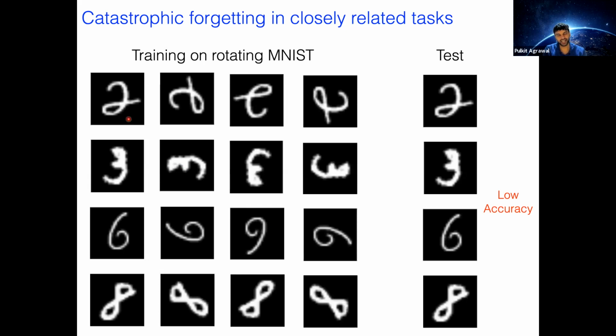So if my data is coming in this particular way, where I first get all digits at some particular rotation, then the rotations of these digits change by 90 degrees and so on, then learning becomes quite hard. Think about it more practically: in the morning when the sun comes out, things look of a different color.